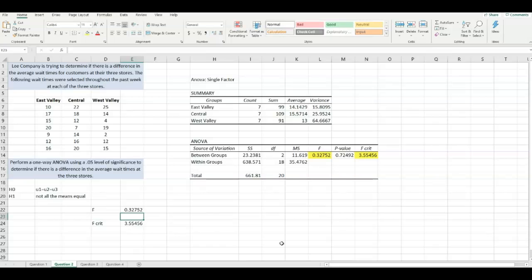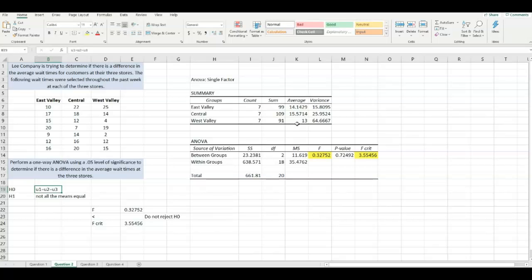Since our F is less than our F critical, it does not fall in the rejection zone, and we are going to say do not reject the null. So using this test, we are saying that there's not enough information to say that all 3 of these means are not equal. Even though the sample means are all different, there's not enough here to say that the population means aren't all the same.